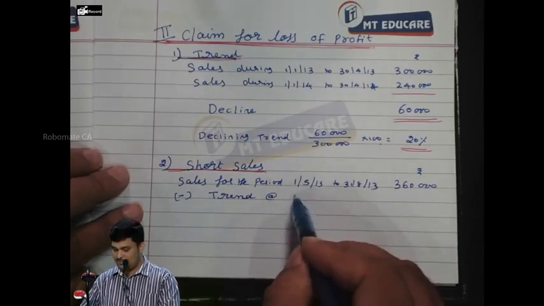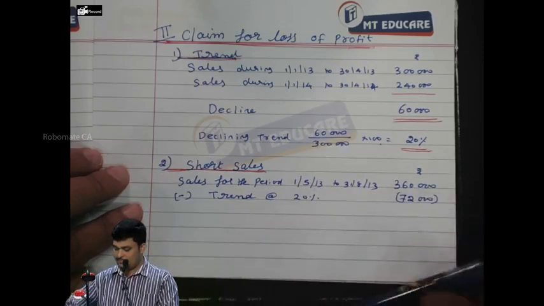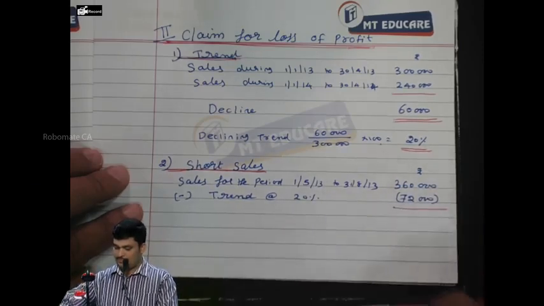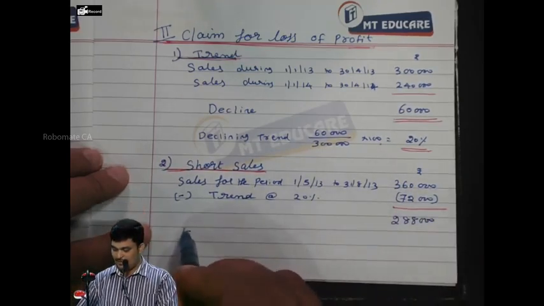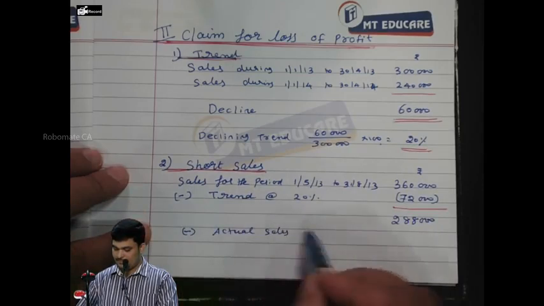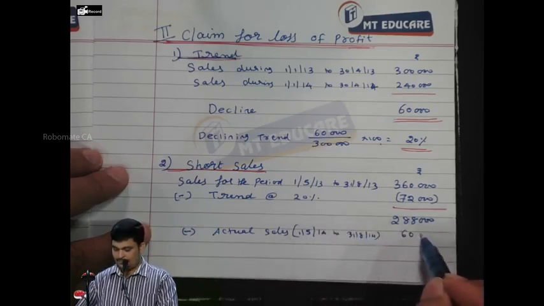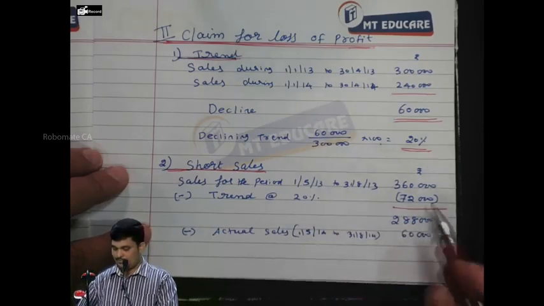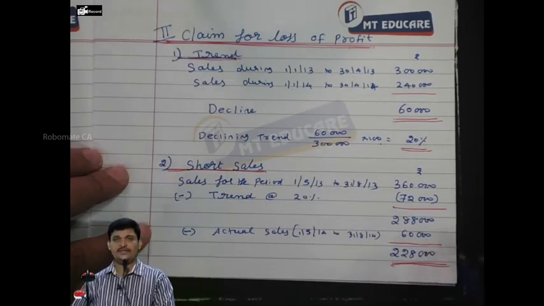So minus 20%. 3,60,000 minus 20%, actual sales: 2,88,000.